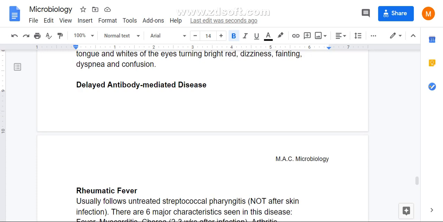So delayed now. After you prescribe antibiotics and the patient sheds the disease, you can have a delayed antibody-mediated disease, which is caused by basically the T cells mounting an all-out attack after the bacteria is already gone.